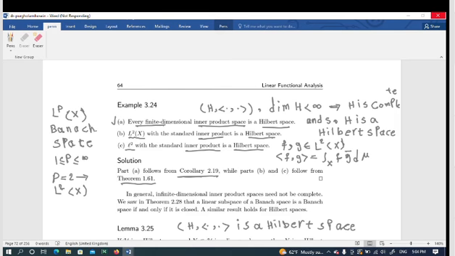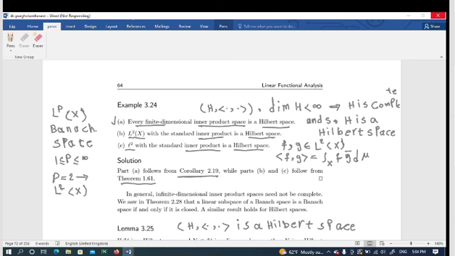For two functions in L2(X), we define the inner product of f and g as the integral of f g bar dμ. With this inner product, L2(X) is complete, and so it is a Hilbert space.